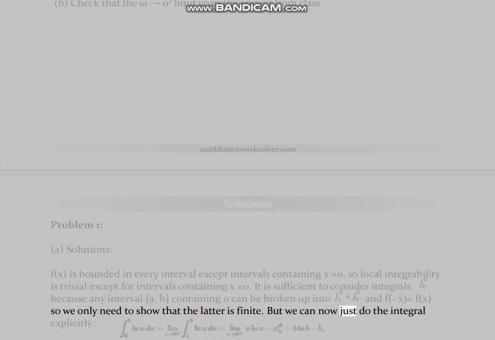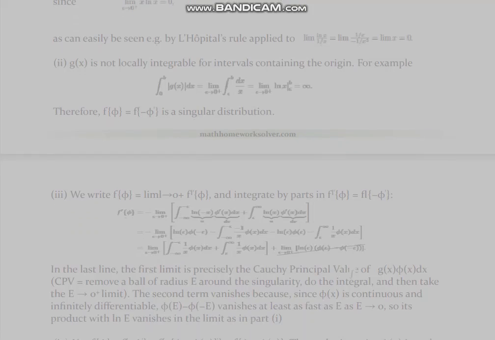But we can now just do the integral explicitly. Since, as can easily be seen, e.g. by L'Hopital's rule, the integral diverges, f is not locally integrable for intervals containing the origin. Therefore, f(φ) equals f(-φ) is a singular distribution.